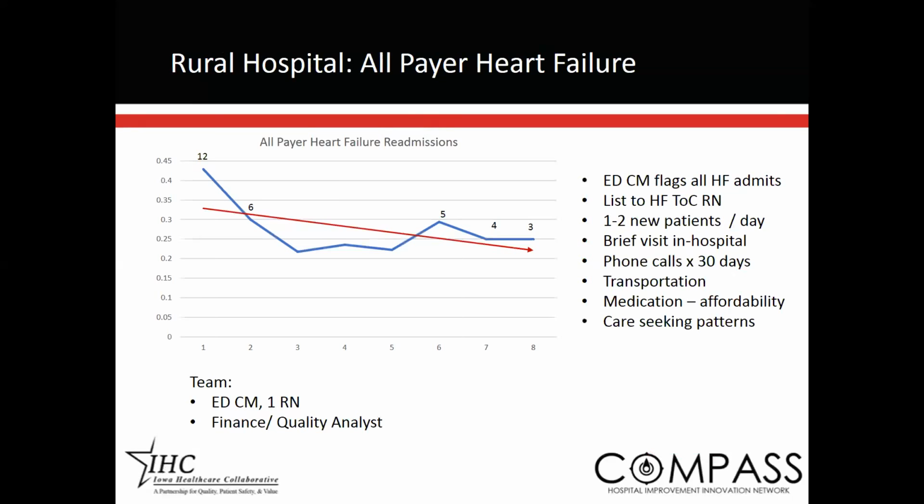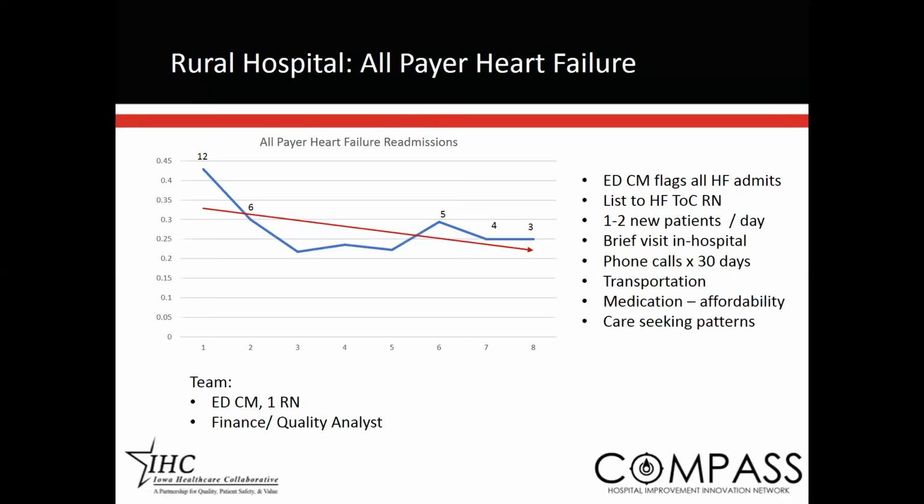So, well, I should add, the transitional care nurse was the active ingredient. She had a very important partner, as I noted on the screen, in the ED care manager, because the ED care manager would flag the heart failure patients in the emergency room, making it easier for the TOC nurse to pick up her target population patients.